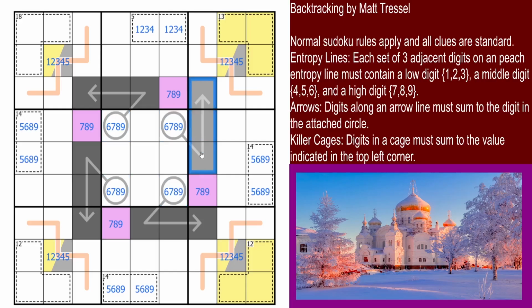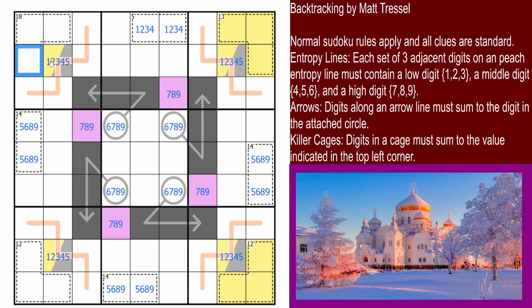Because the only possibility of 6 here is 1, 2, 6, which will sum to 9. So is it that 6 is not possible here? So 6 has to come here. Because none of this is 6 and none of this is 6. So if there is any 6 here, 6 has to be here.